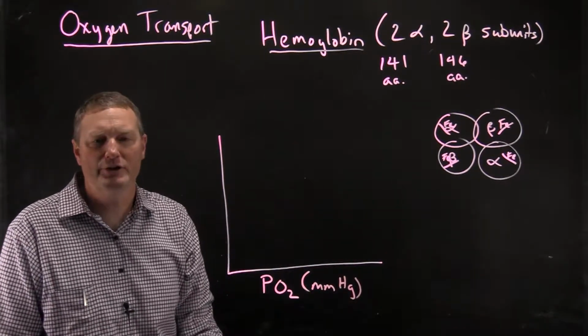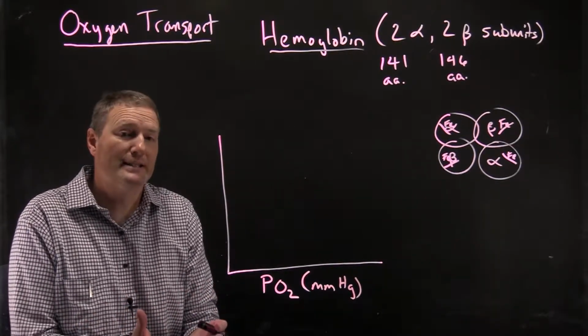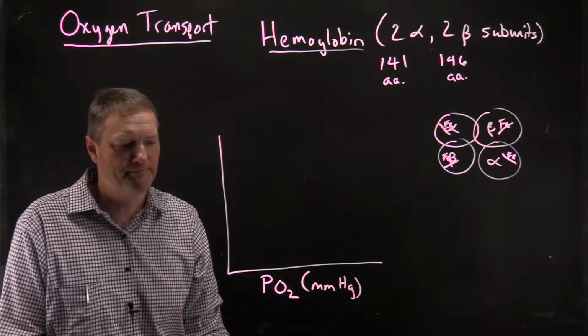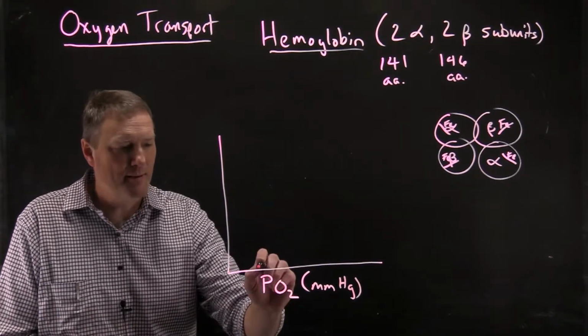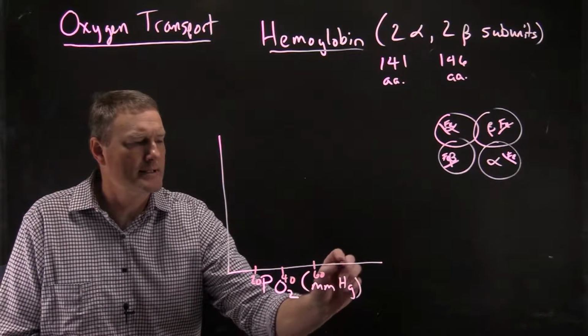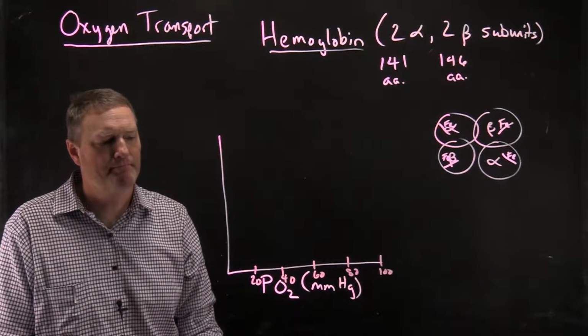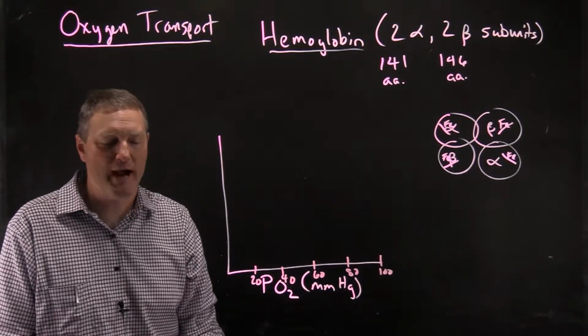You can think of this essentially as the amount of oxygen dissolved into the blood. All right, and I'll just list out some numbers here. We'll say 20, 40, 60, 80, and 100 millimeters of mercury. Okay, so this is again the partial pressure of oxygen.